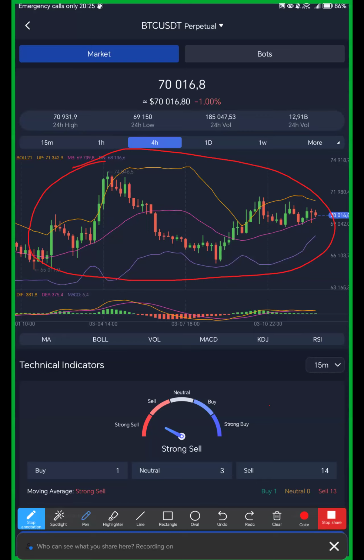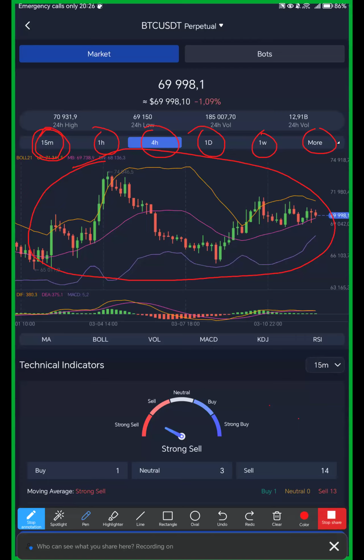So there is 15 here, 15 minutes. There is 1 hour here. There is 4 hours here. There is 1 day here. And then there is 1 week and more. Okay? So you can have a look at the market in a 15 minutes time frame. How do you want to check the market?